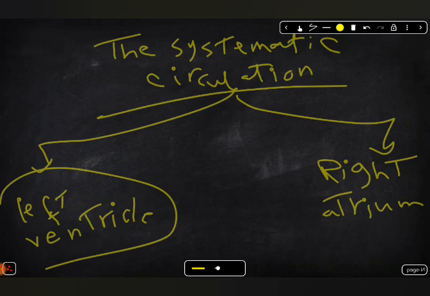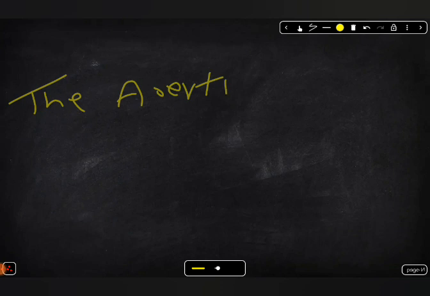And I must know the aortic valve. This valve is between the left ventricle and the aorta. Okay?